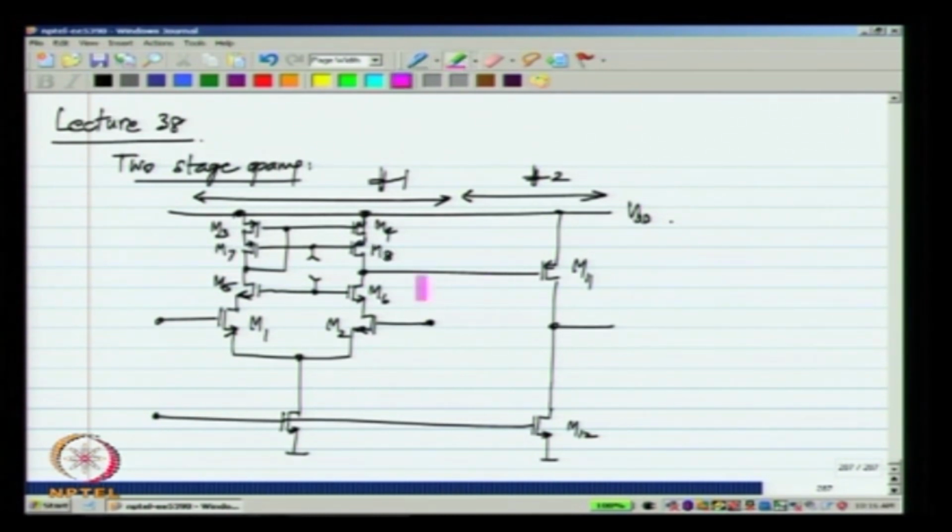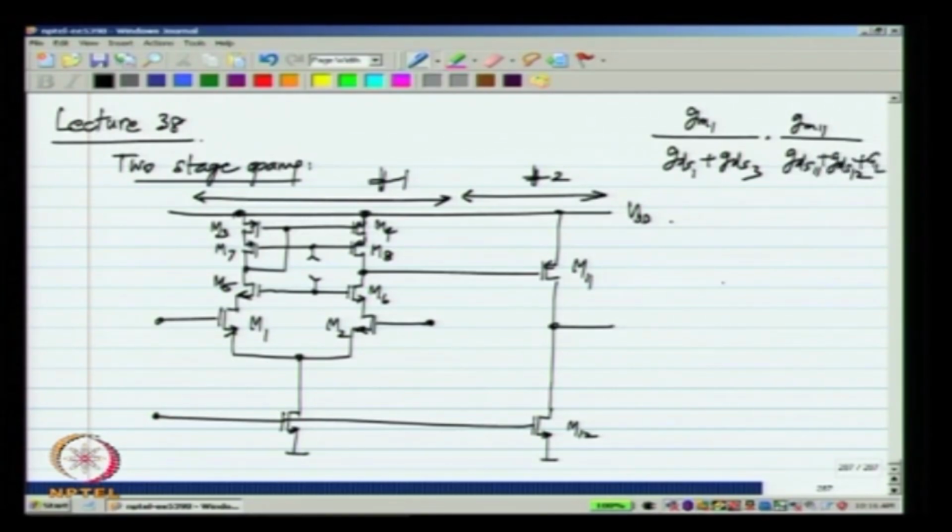Okay. Now, what happens is the gain of the first stage is higher. Okay. Originally, we had a total gain of, plus GL, which is the conductance of any load that you connect.